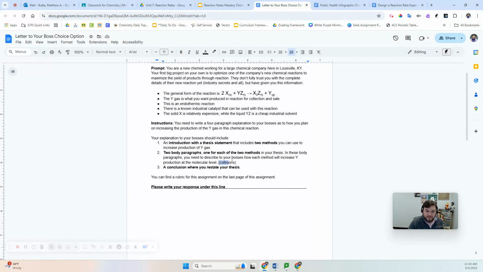Okay, so I want you talking about collisions here. So collision theory should be mentioned in here, and you should be talking about the number of collisions and how energetic those collisions are, right? And then I want a conclusion where you restate your thesis.